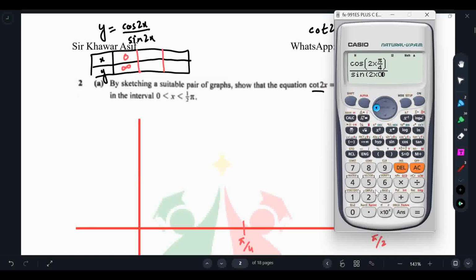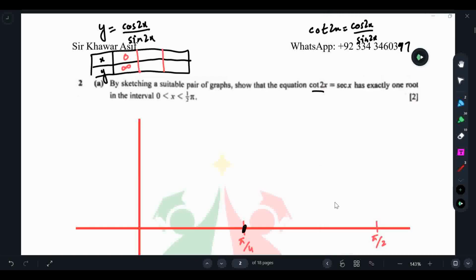For sine here we have to see shift pi by 4. So this will be equals to 0. So let me draw the first point over here, and then for pi by 2, let me check this one.